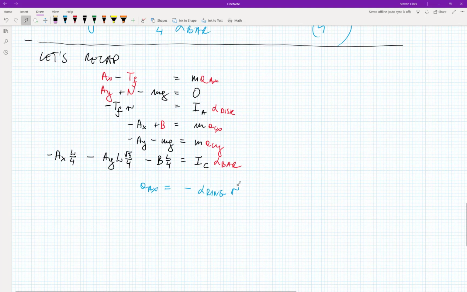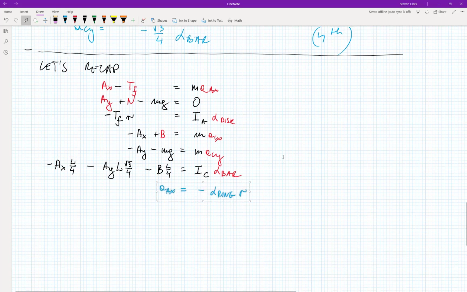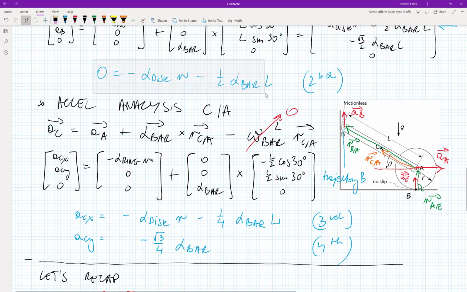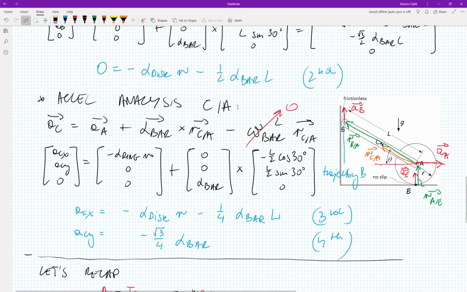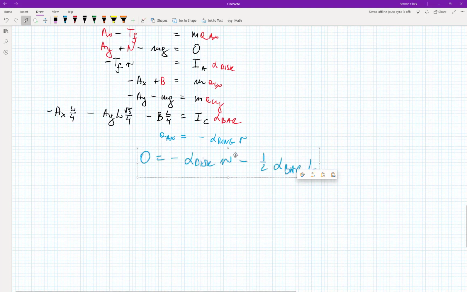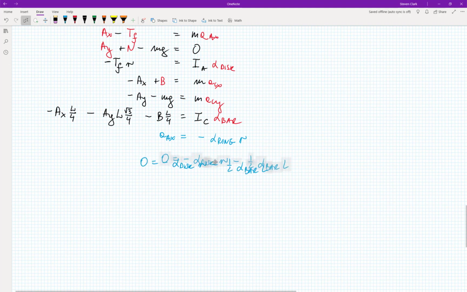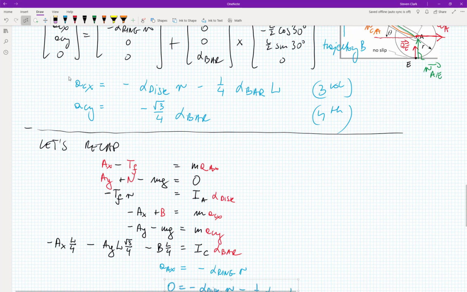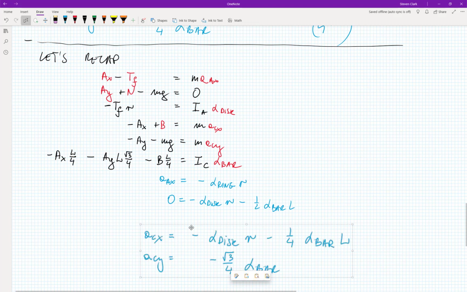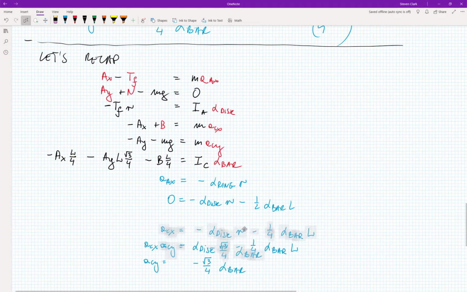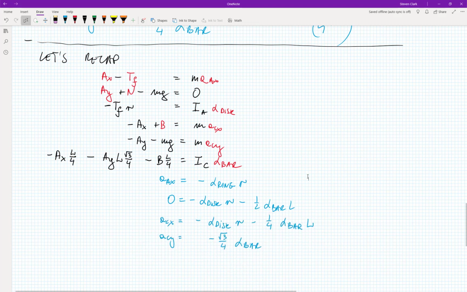So I have this first equation here. Then I have this equation. And then these 2 last equations. Okay, guys, so we have 6 equations that are coming from kinetics analysis, and 4 remaining equations are coming from kinematics analysis.